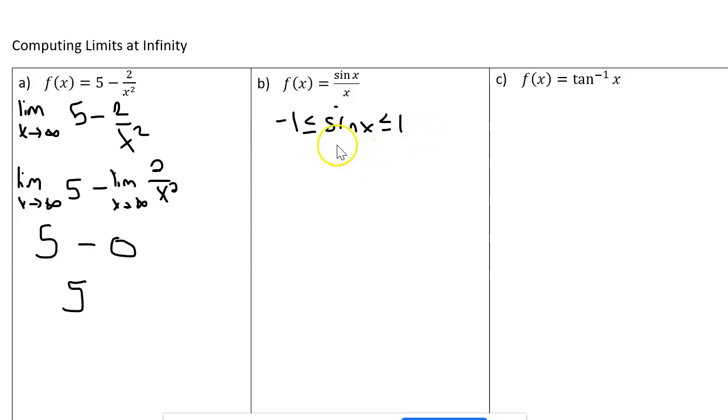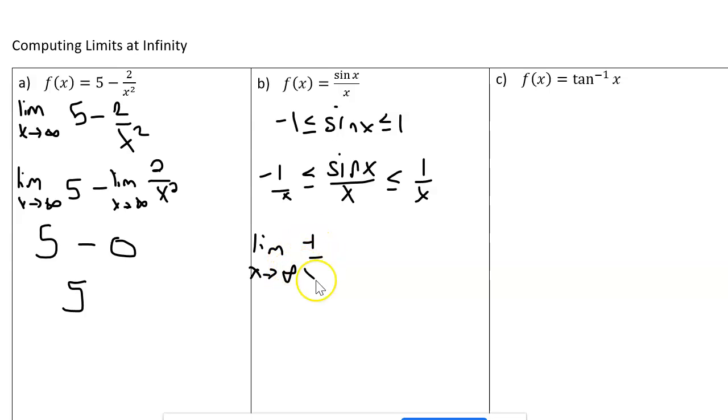So sine x over x is bounded by negative 1 over x and 1 over x. We're essentially dividing all sides of the inequality by x. And then the limit also follows the same boundary. This is going to take a minute to write.